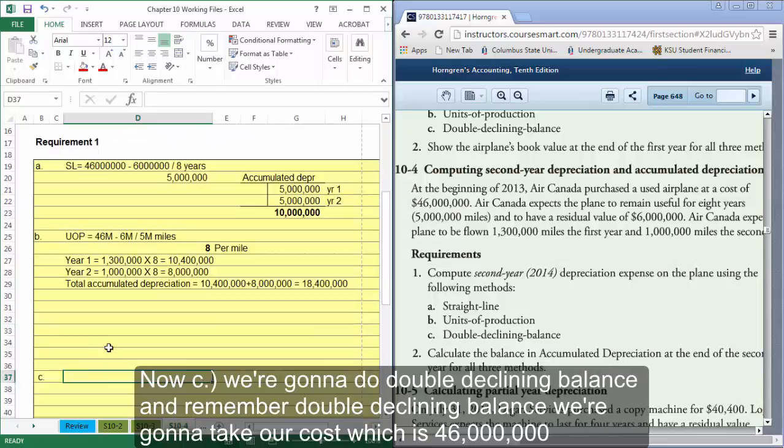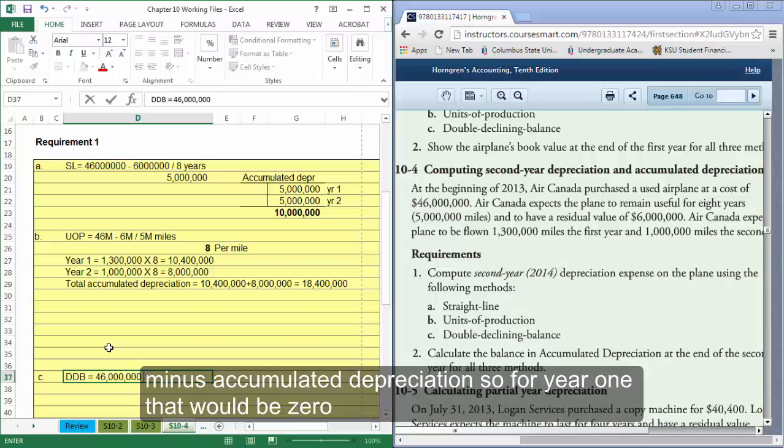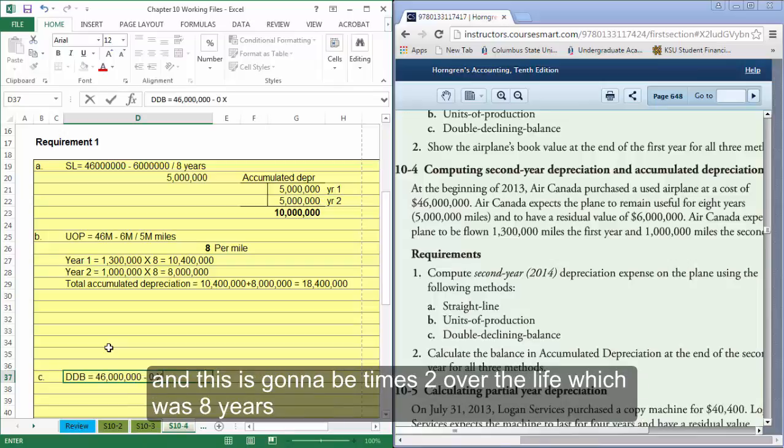Now C, we're going to do double declining balance. And remember, double declining balance, we're going to take our cost, just 46 million, minus accumulated depreciation. So for year 1, that would be 0. And this is going to be times 2 over the life, which was 8 years.